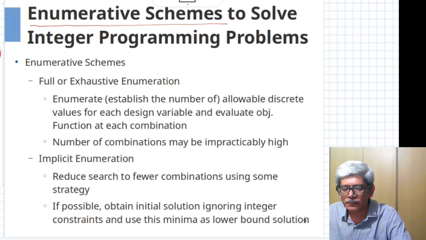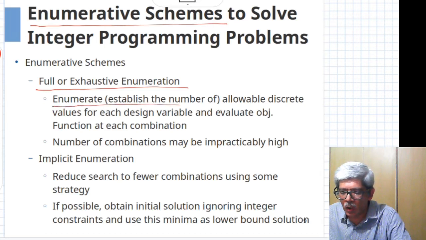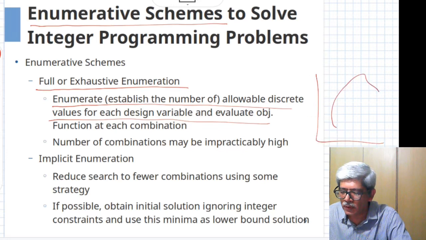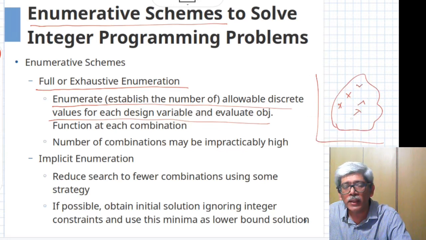The first scheme, which is natural and which somebody may think of, is an exhaustive or full enumeration. In this case, you will enumerate all the combinations which are there in the search domain. Within the constraints, you note down how many integer or discrete variable combinations are possible.